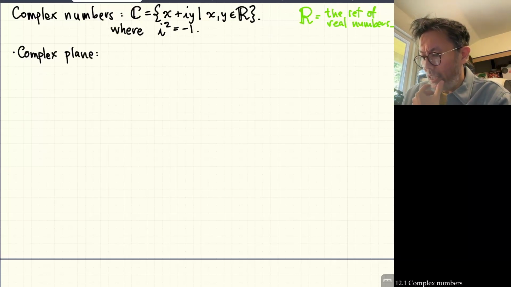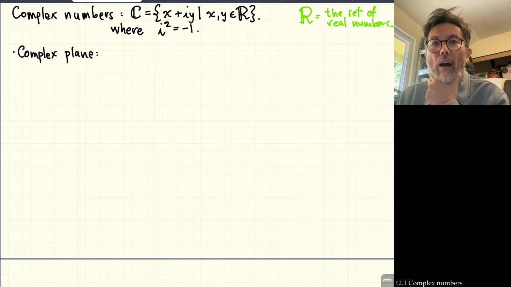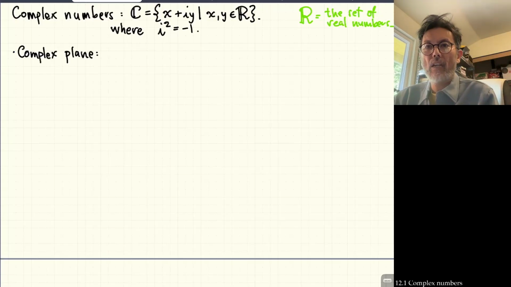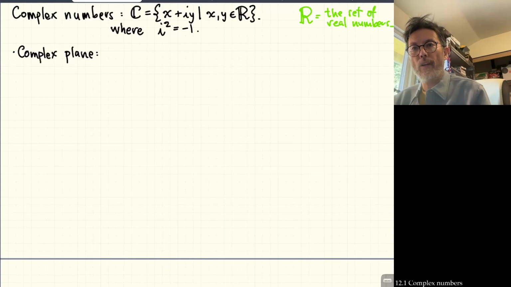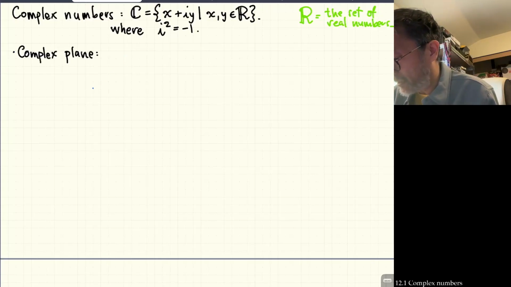So you can see here that there are two real numbers involved in the complex numbers, x and y. And so naturally, we can plot or visualize complex numbers if we set up for ourselves a sort of xy plane type situation. So maybe something like this.